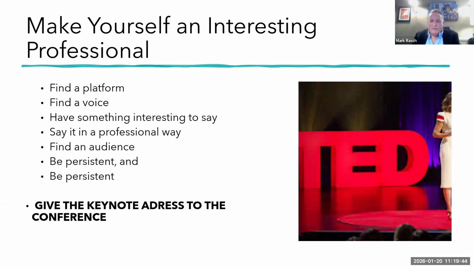You get to express your views, what you think are the issues, or you can actually ask them questions like, what are the biggest challenges you're facing in 2026? What kinds of problems do you find you need to solve? And then you can interact with them and have a dialogue with them. So you're going to find a platform, find a voice, have something to say, follow up with people. And that is the way you are going to make connections in your industry, whatever that industry may be.